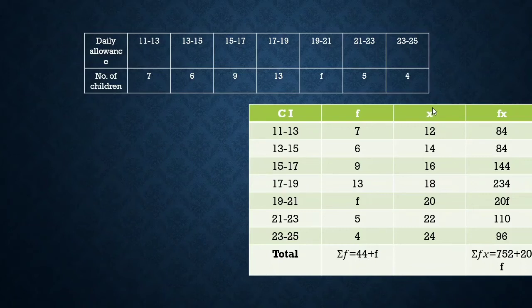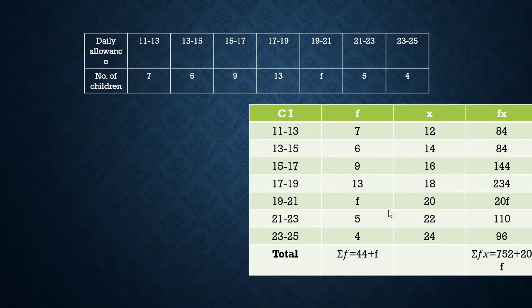Now, finding the class mark x. For 11 to 13 the class mark midpoint is 12, for 13 to 15 the midpoint is 14, 15 to 17 the midpoint is 16 and so on. We have calculated all the class marks for all the given class intervals. Now, finding the product fx. 7 into 12 is 84, 6 into 14 is 84 and so on.